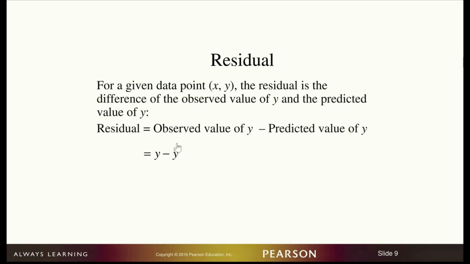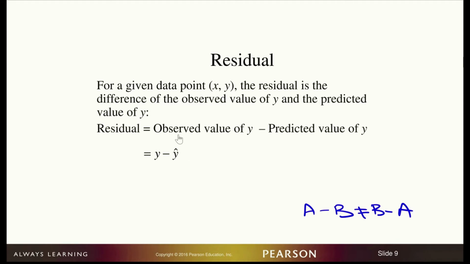One way to remember this, so that you don't make an error in the order of subtraction, because remember, order of subtraction is important. It's not like addition where it doesn't matter if you have a plus b or b plus a. When you're dealing with subtraction, a minus b is not the same as b minus a. So we say that subtraction is not commutative. So the order of subtraction is important.